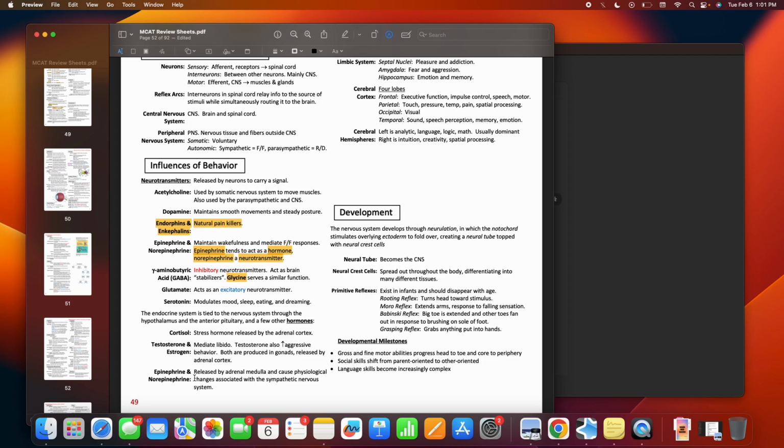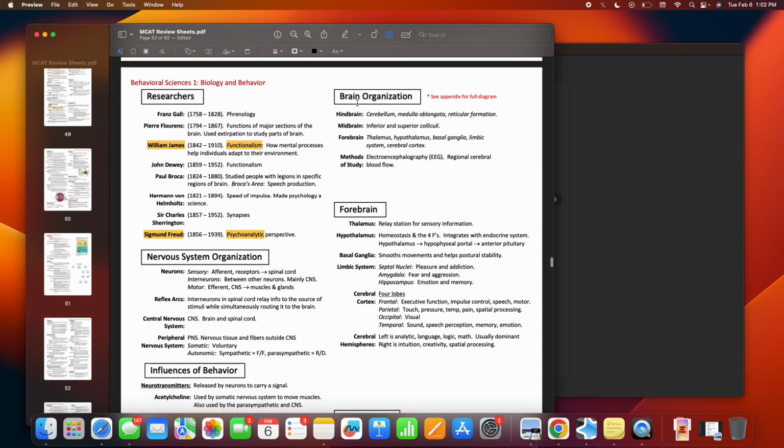Epinephrine and norepinephrine are released by adrenal medulla and cause physiological changes associated with the sympathetic nervous system. So from adrenal cortex we have cortisol and aldosterone, and from adrenal medulla we have epinephrine and norepinephrine, and these are for the sympathetic nervous system. Cortisol is for stress.